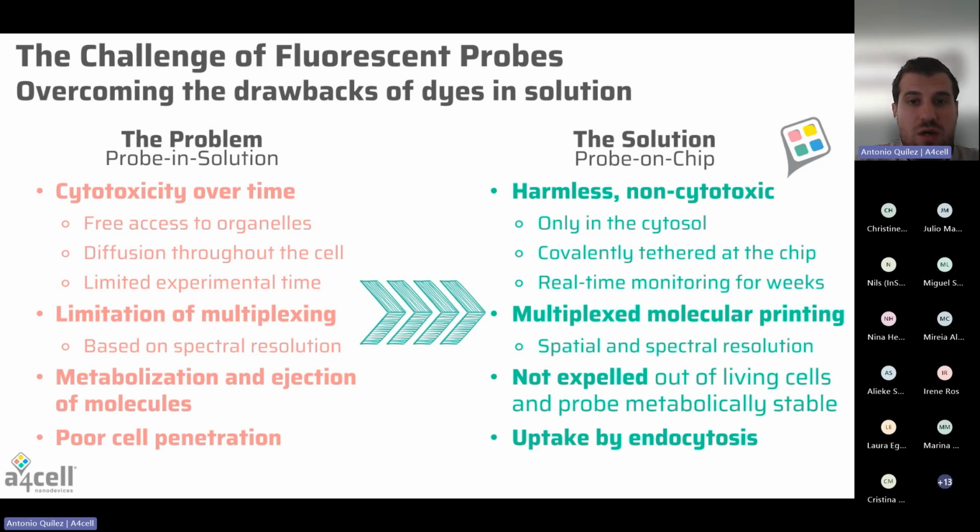So for this, we have developed the SpheroCHECK kits because we have validated that they are non-toxic for the cells. They don't affect cell proliferation capabilities, and they maintain the viability of our cell culture. And we have our fluorescent sensors covalently attached to the surface of the chips, allowing real-time monitorization for weeks.